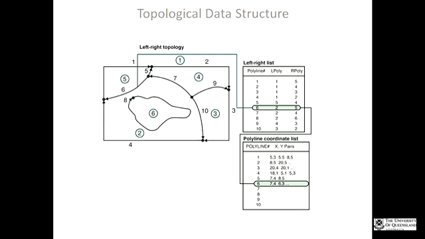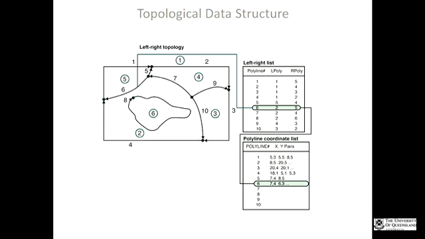But joined to this, so this will be a table within your GIS, but joined to that table is a series of topological relationships. And in this case, what it's saying is what polygon is on the left and right side of those lines. So polyline 1 is here. In this case, the polyline has a direction.